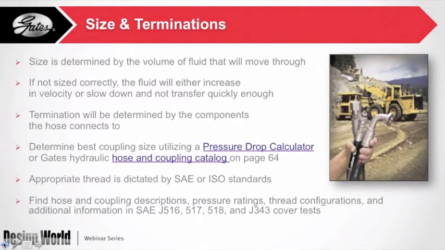For instance, if you downsize on a coupling from a larger diameter hose, you can actually increase the velocity going through that, and you can erode the tube of the hose if you increase the velocity enough. Otherwise, if you increase the size of the hose or the coupling, you can slow the flow of the fluid, and you won't have predictable handling characteristics if it's a hydraulic system, or you will not have the proper delivery of that fluid that you're transferring through that hose as it's intended to work.